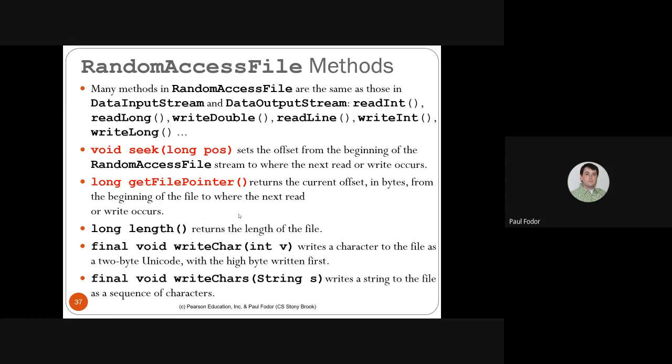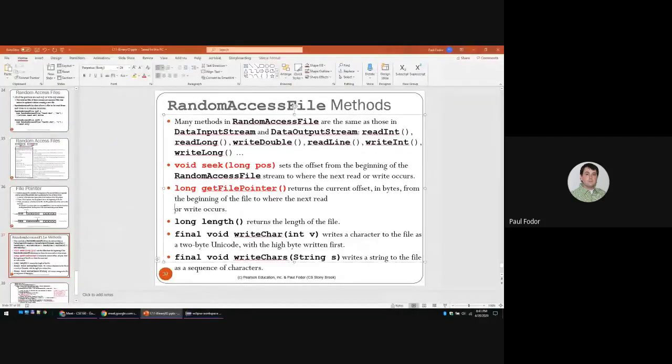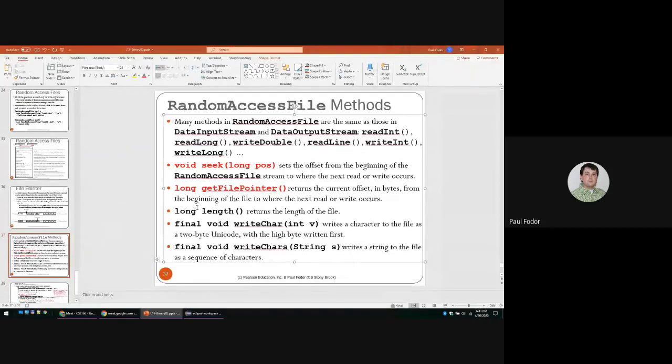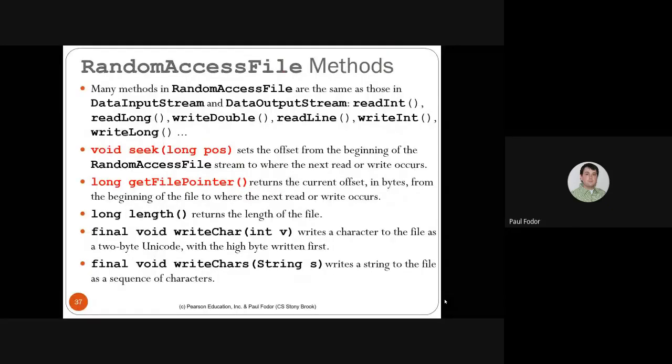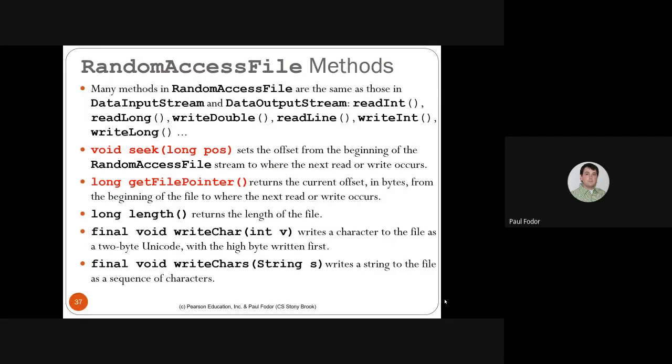Get file pointer gives us the current offset in bytes of the file pointer from the beginning of the file and tells us where the next read or write occurs. Length returns the length in number of bytes of the file. Write char writes a character to the file as a 2-byte Unicode encoding with the high byte written first. The write chars method takes a string and writes each character as write char does above.